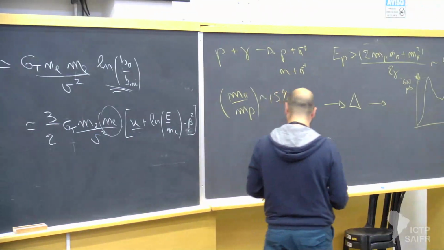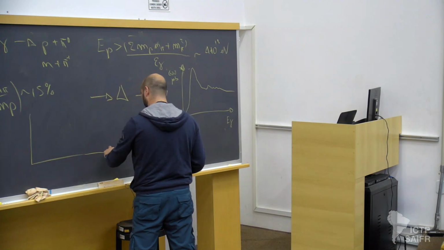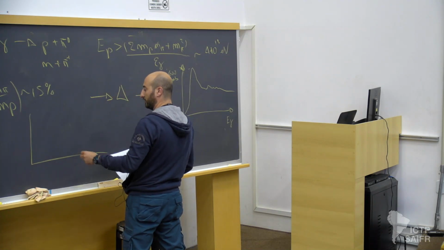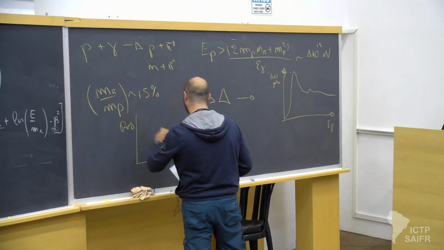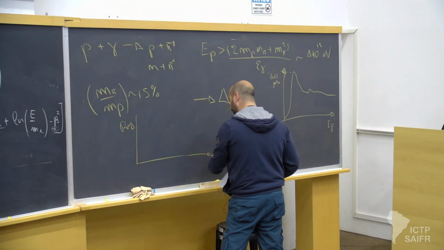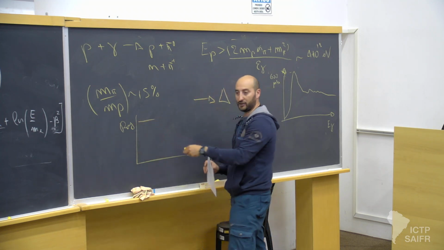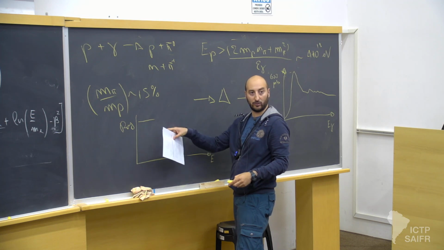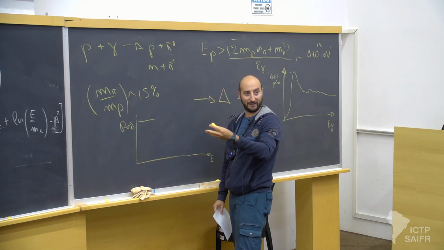So if we were to plot a sort of range of the particle versus energy, this range is relatively large, of the order of the Hubble distance at low energies, because the only cooling is this adiabatic thing.